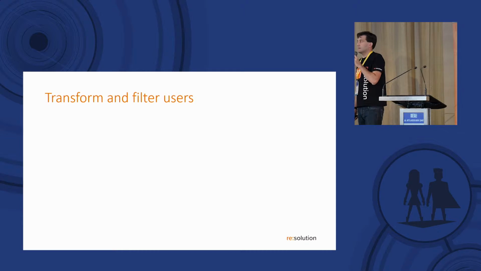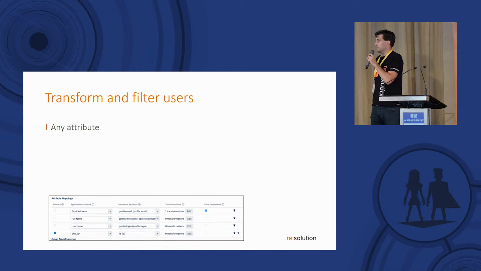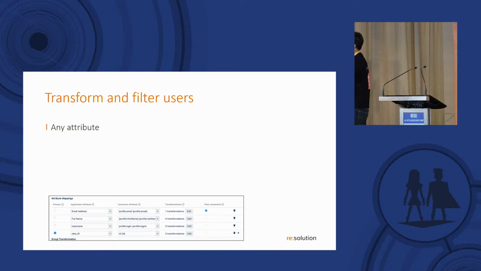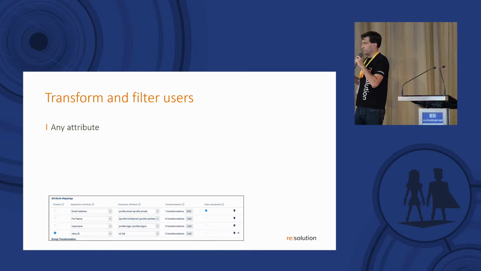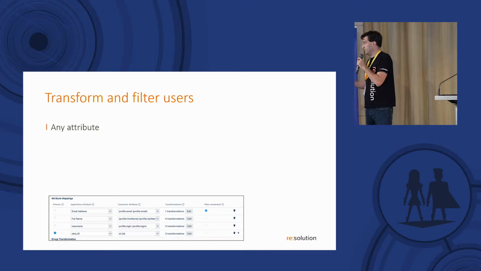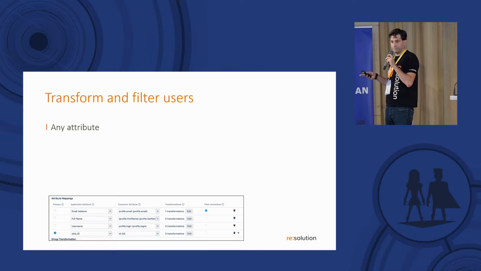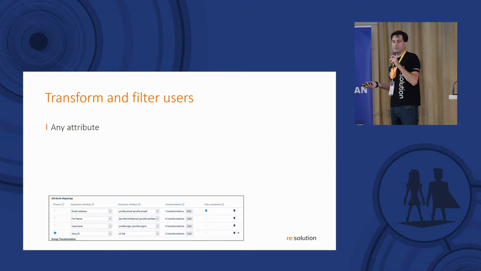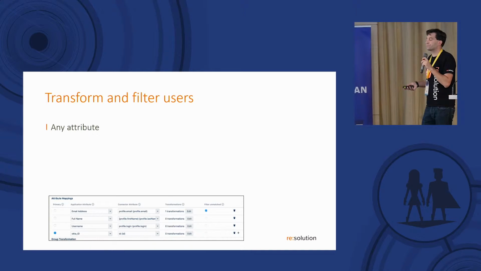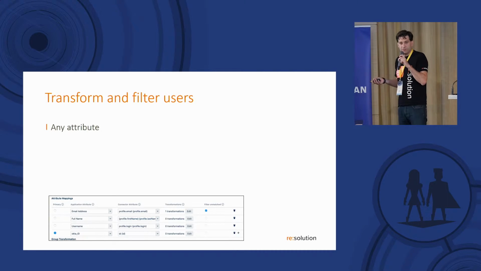And one important thing is that we can transform and filter the users. When using user sync, you can map any attribute of your identity system to your Jira system. By default in Jira, this is the email address, the full name, and the username, which is everything you need to provide to create a user in Jira.